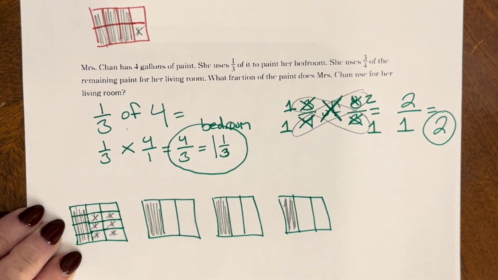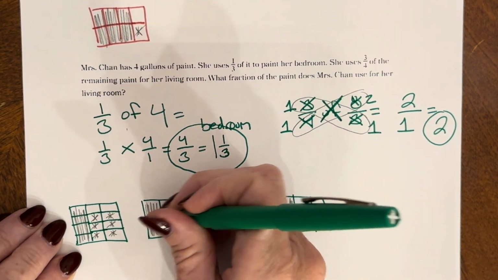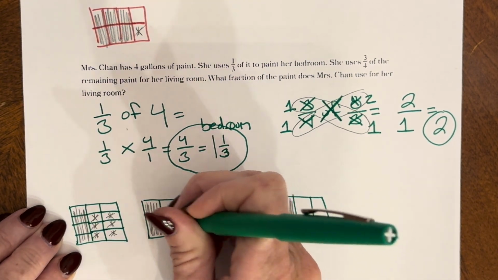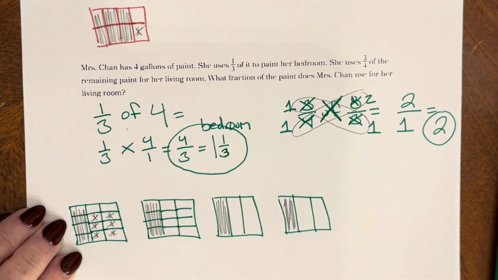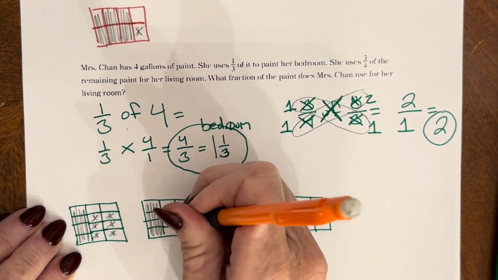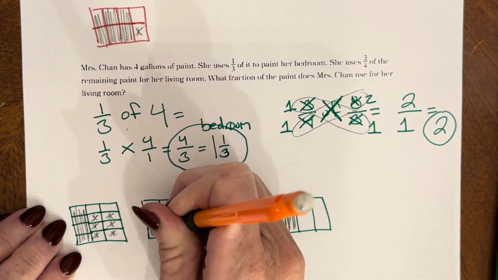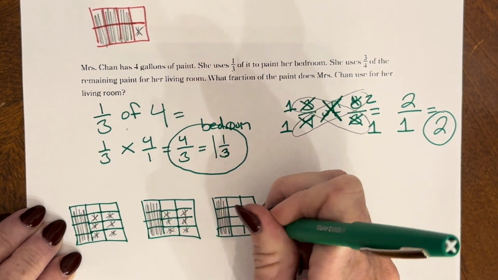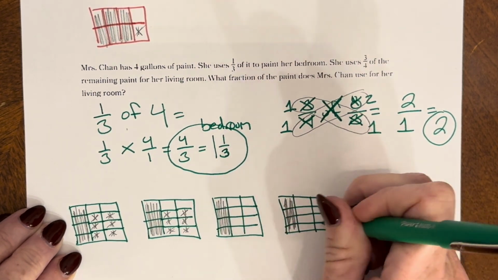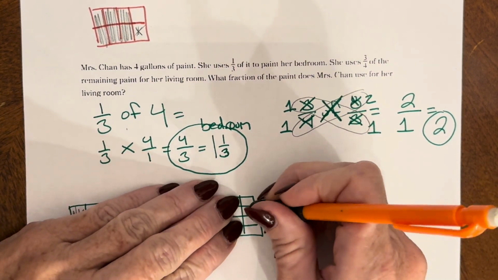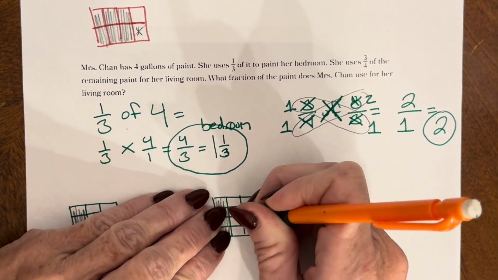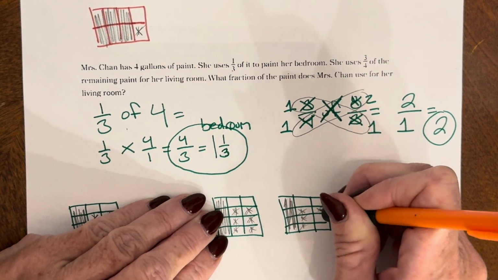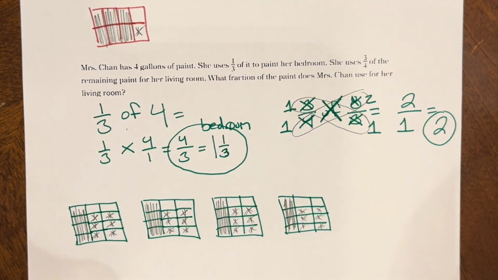So from this one, she's going to take each piece that she had left and cut it into 4, and she's going to use 3 out of those 4 pieces, and we're going to do that for each one. So she's going to use out of that 1 piece that was left, 3 out of the 4. So those are the pieces she used for her living room.